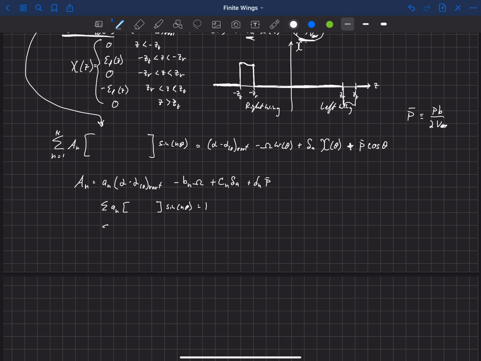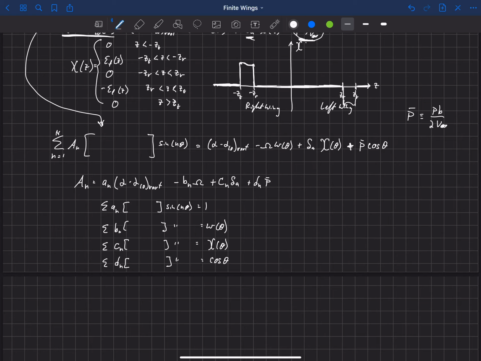Then we're going to have a summation for b sub n, that same stuff, equal to little omega of theta. We're going to have a summation for c sub n, same equation there, and on the right hand side we've got chi of theta. And finally, summation d sub n is equal to cosine of theta.